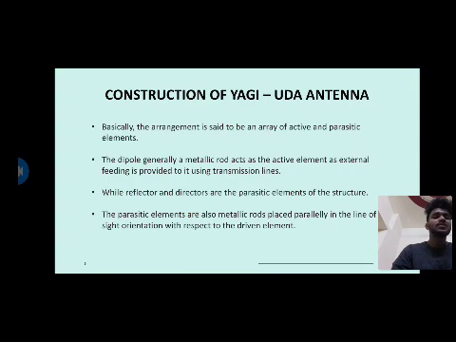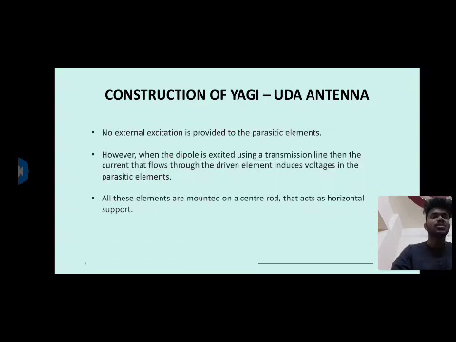No external excitation is provided to the parasitic elements. However, when the dipole is excited using a transmission line, the current that flows through the driven element induces voltage in the parasitic elements. All these elements are mounted on the center rod that acts as horizontal support.